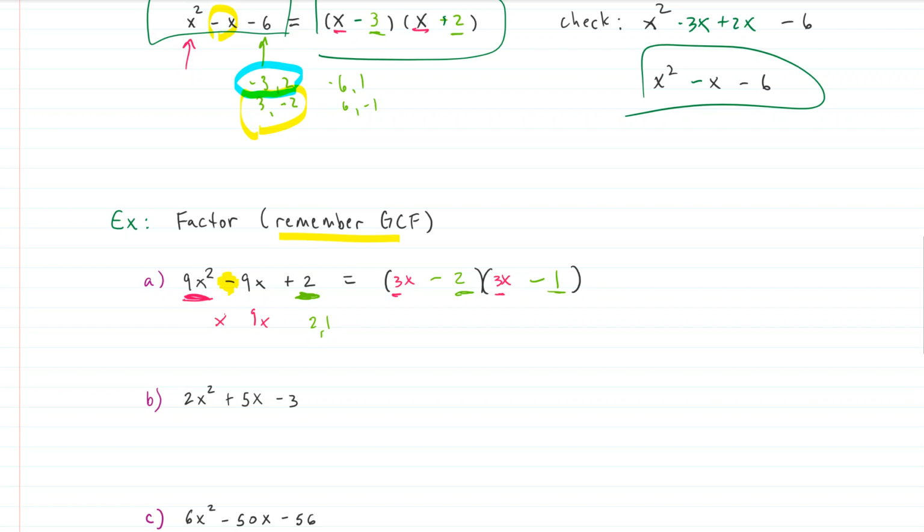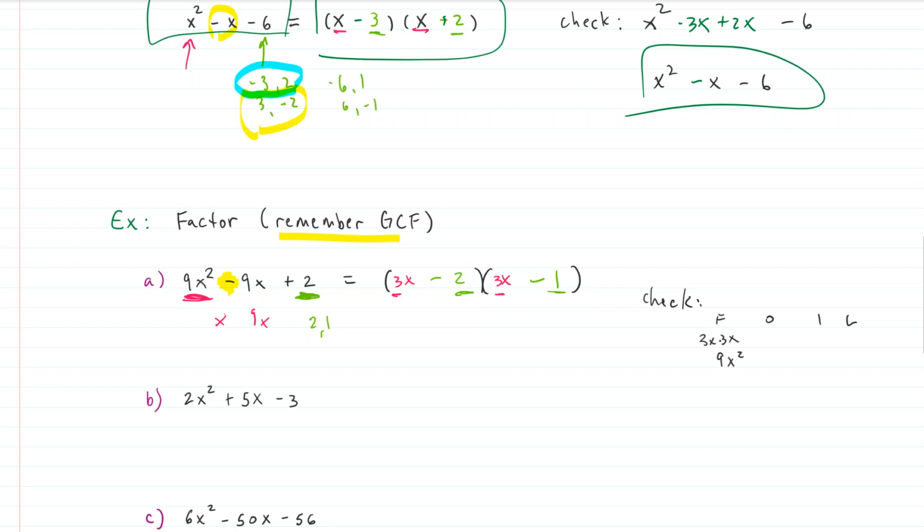Now let's see if this works. Now we just have to multiply it out. So let's check it. We'll write out the FOIL, F-O-I-L. The first term we know is right, 3x times 3x. That gives us 9x squared. Remember, we chose that to be correct.